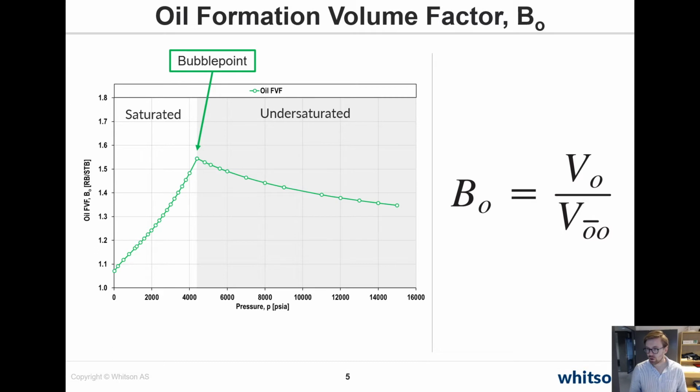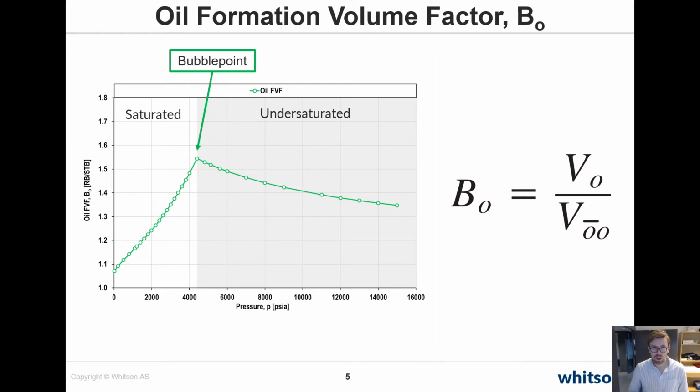And this is a region where the solution GOR, which we'll look at on the next slide, is constant. So the composition, quote unquote, is not changing. Hence, it's just the pressure that is essentially making this into a more dense liquid, which is decreasing your formation volume factor of oil.